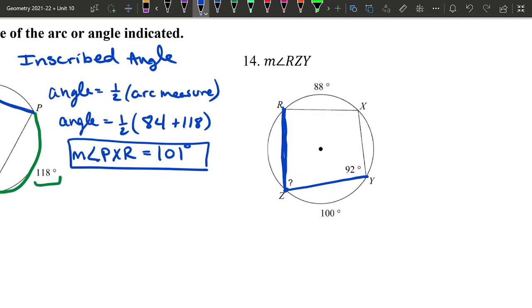All right, and if the angle equals half of its arc, you have to identify where the arc is.